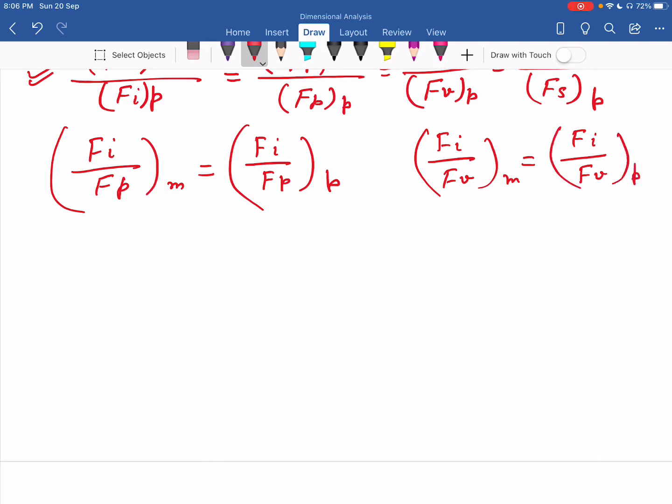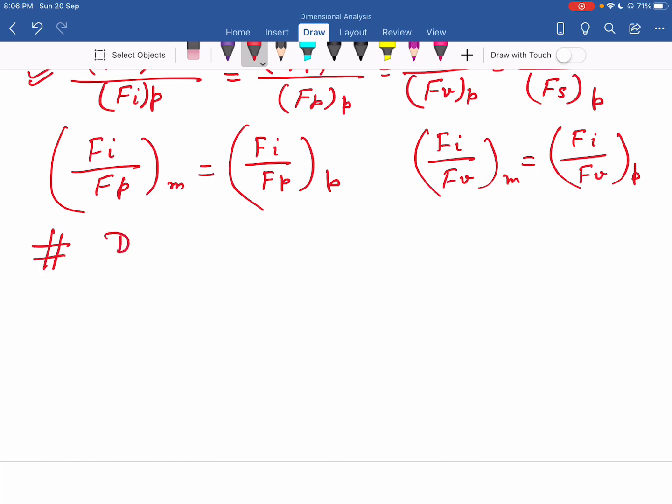So you can write such equations also for dynamic similarity. Okay. Now you can note down one important point here, that it is also to be noted that dynamic similarity is possible only if there are geometric and kinematic similarities between the model and the prototype.